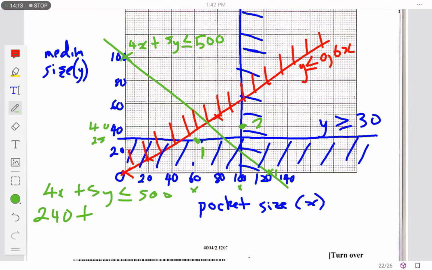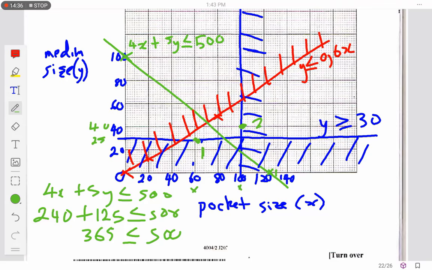So that's 5 times 25, that's 125 here, is less or equal to 500. So this is going to be 240 plus 125. I'm getting 365 is less or equal to 500. Okay, which is correct.